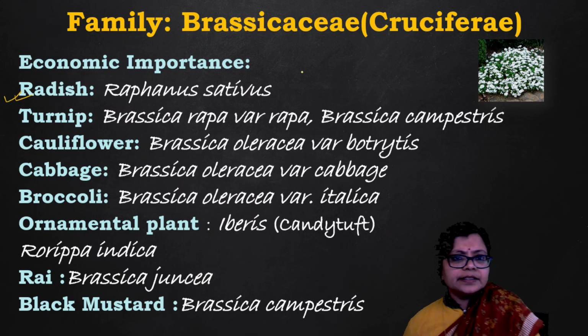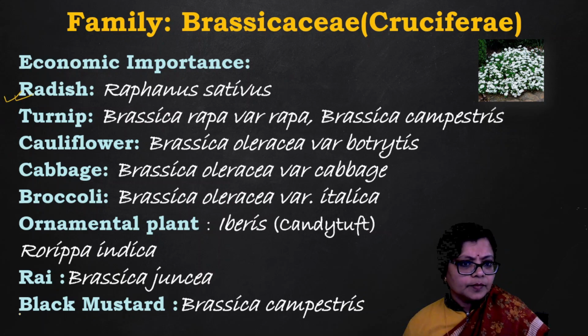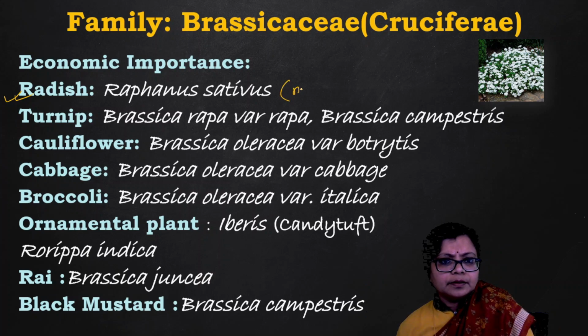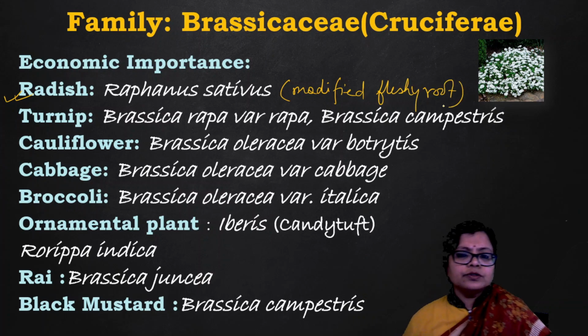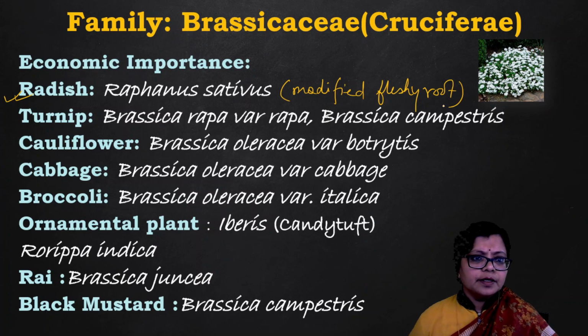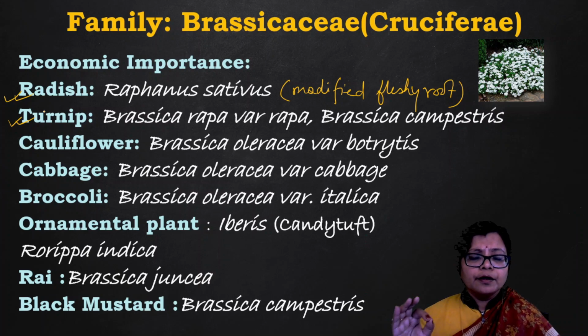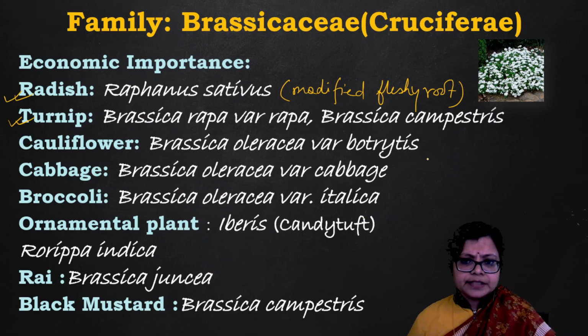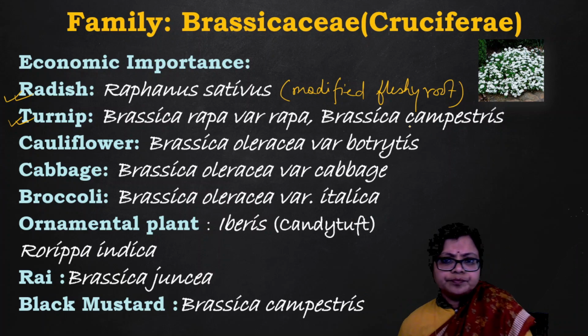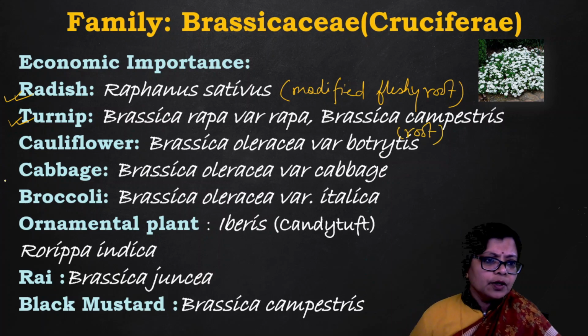Radish, that is the modified fleshy root used as vegetable. Turnip, the scientific name is Brassica rapa variety rapa, or Brassica campestris, that is also a modified root used as vegetable.